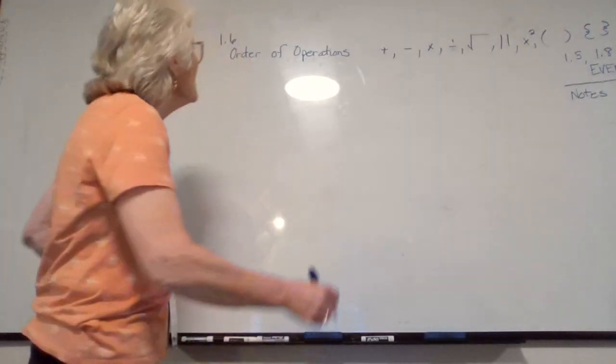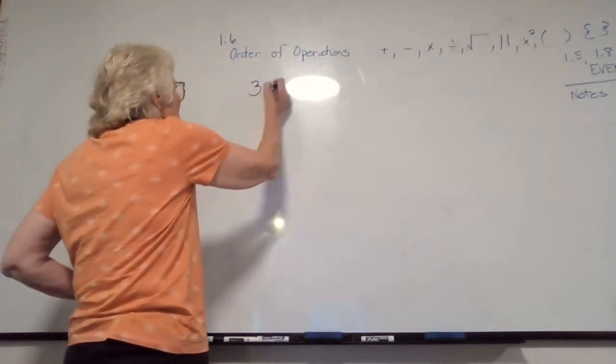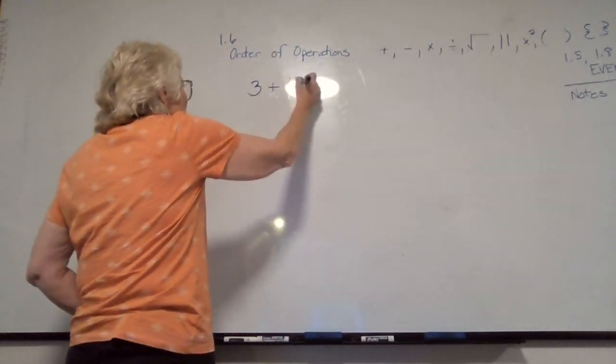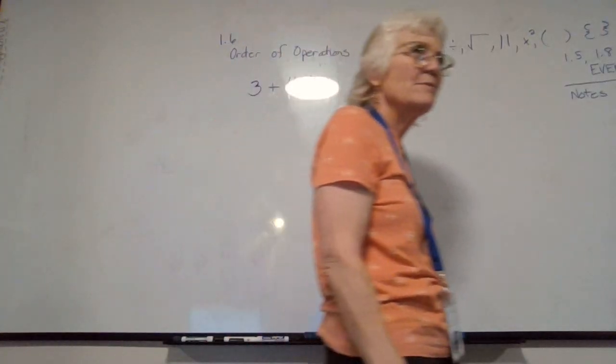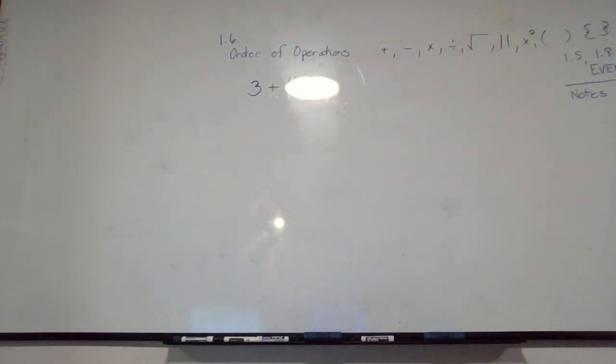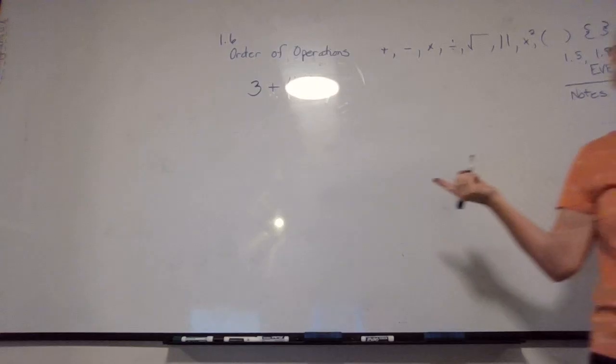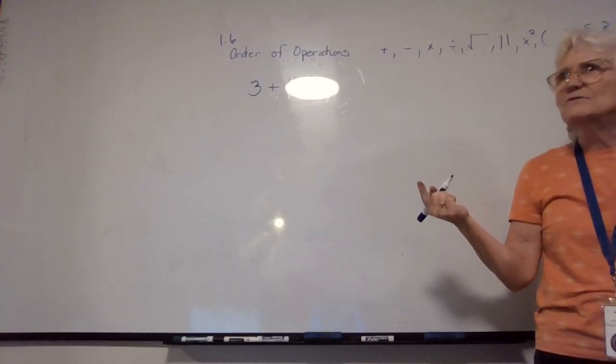Okay, I'll tell you the most common mistake is this. Do you know what the mistake is when they're doing that? What do you think they do first? Yes. They do plus first. Yeah, they do the adding first because it's right there. Because we read from left to right, we look at our math and say, well, we should just go left to right.